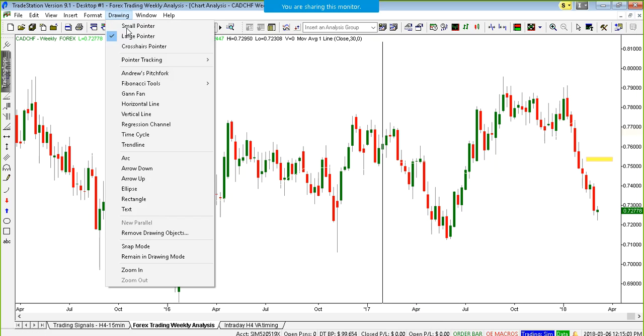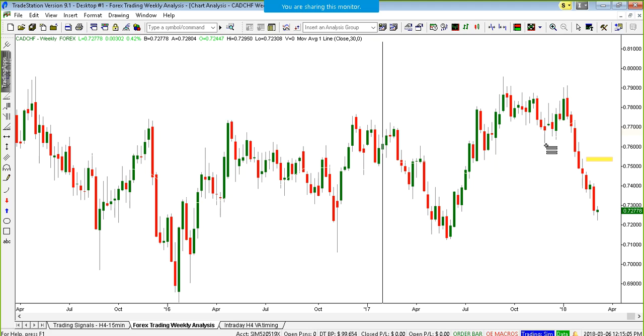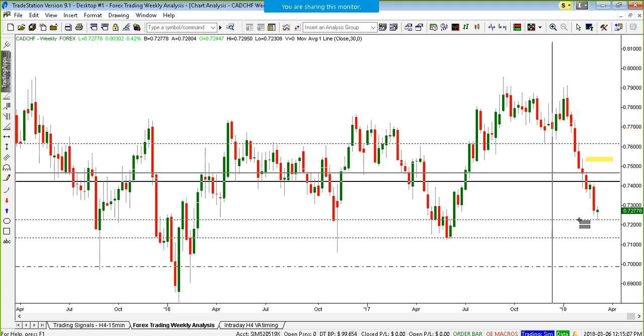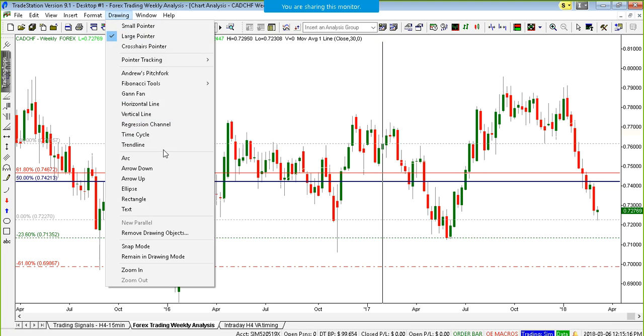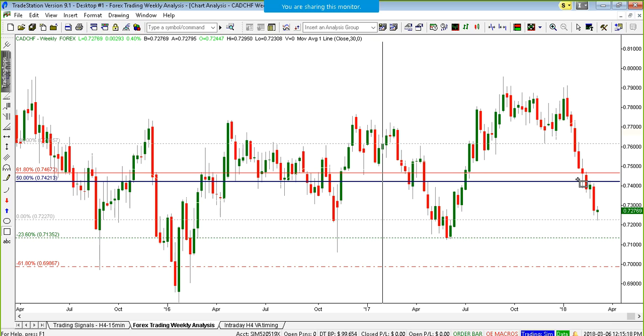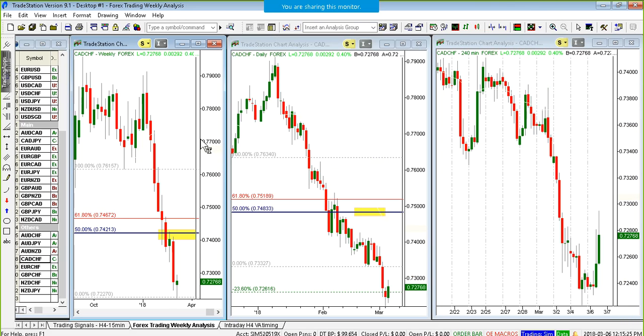If it moves higher, we could see this extension short, lows to lows, come into play and bring price down into 71.35. So this is the level that we want to watch if we have a reaction higher here.